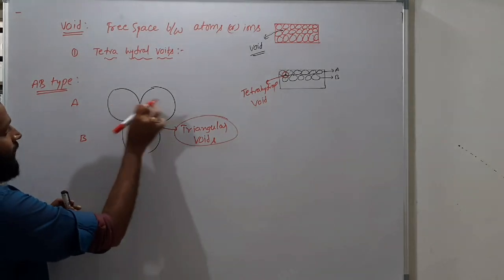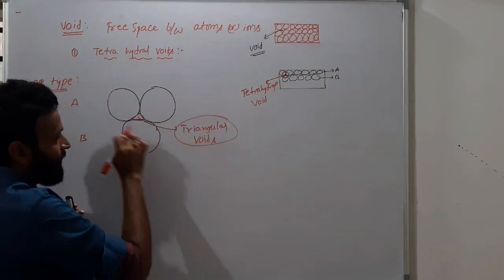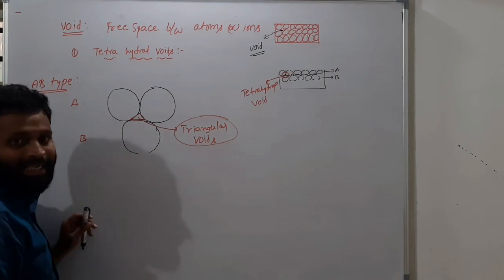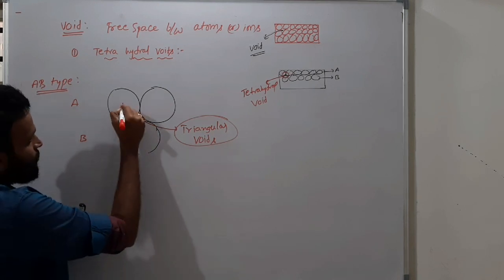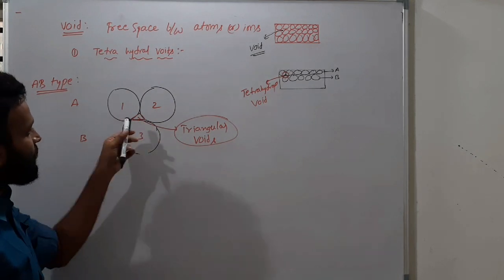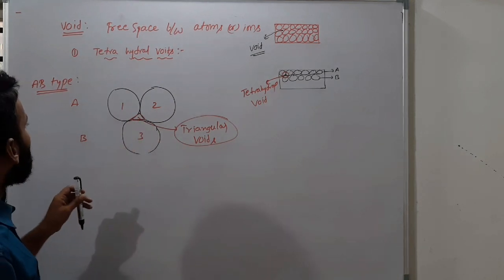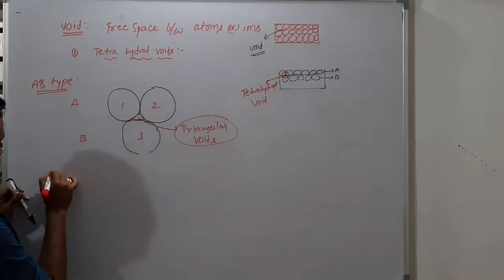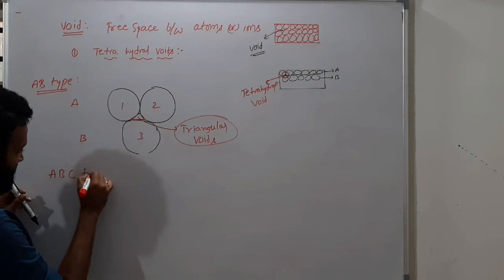Why is this triangular? These two atoms belong to the first layer, and this third atom belongs to the second layer, the B layer. Between these 1, 2 and 3 there is a free space. This free space is called a triangular void. Now ABC type.